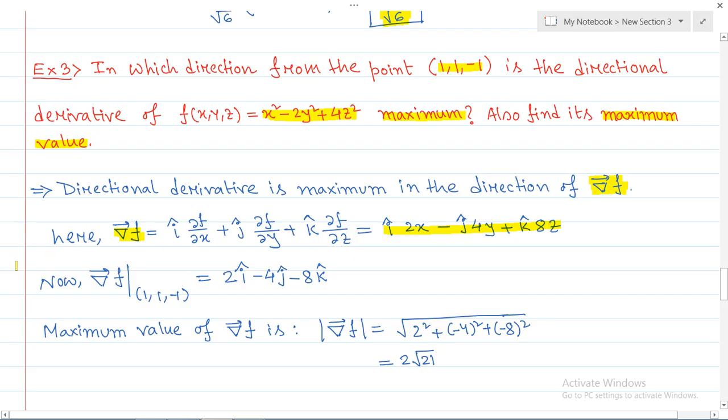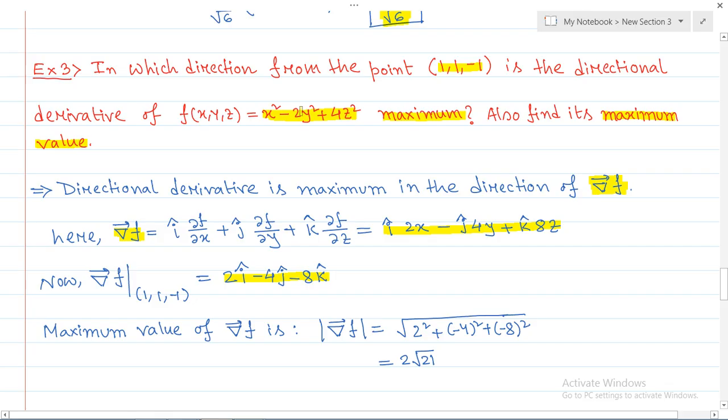Now grad f at this point (1, 1, -1) is going to be 2i cap minus 4j cap minus 8k cap. So this is the vector along which, if we find the directional derivative of this function, the derivative will be maximized.